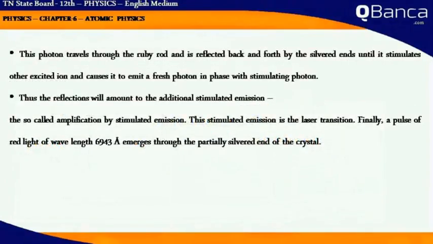This photon travels through the ruby rod and is reflected back and forth by the silvered ends until it stimulates another excited ion and causes it to emit a fresh photon in phase with the stimulating photon.